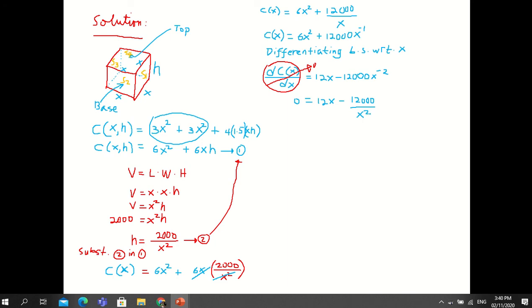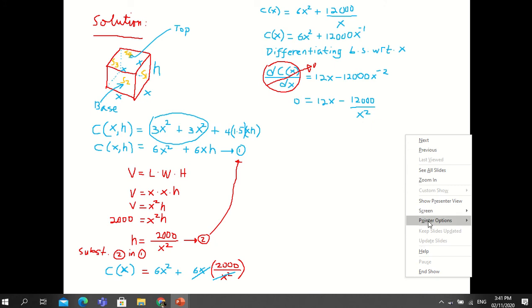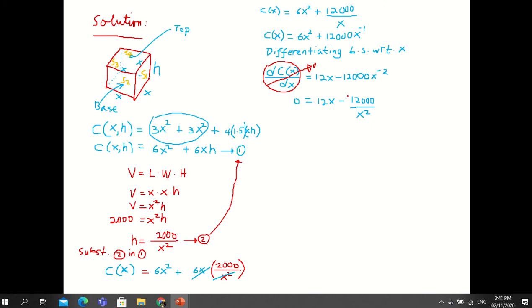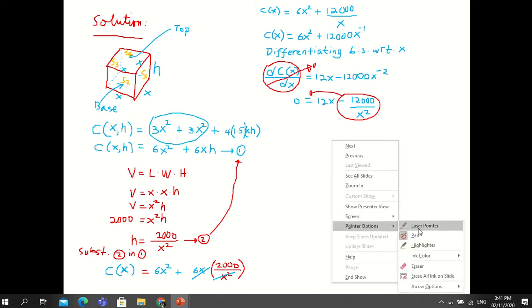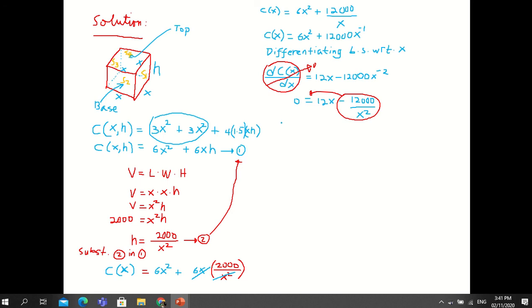Okay, then solving for x. So the way to solve for x is, of course, we have to transpose this to the other side. So this is negative, no? So when you transpose this to the other side, that becomes positive. Okay, so this becomes positive 12,000.